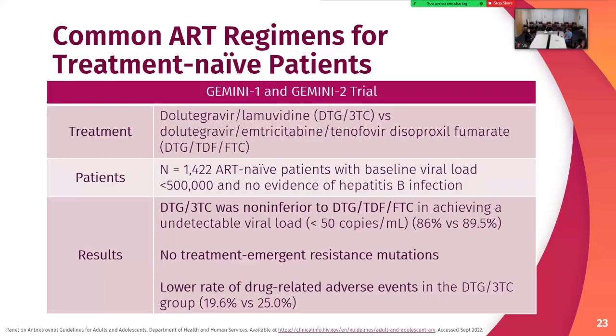And they found that the 2-drug regimen was non-inferior to the 3-drug regimen in achieving an undetectable viral load, which is our goal with our ART therapy. And they also saw no treatment-emergent resistance mutations with using that 2-drug regimen, but they did see a lower rate of adverse effects, so this may be good for patients that can't tolerate our 3-drug regimens that contain the tenofovir products.